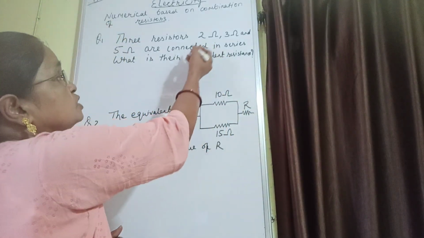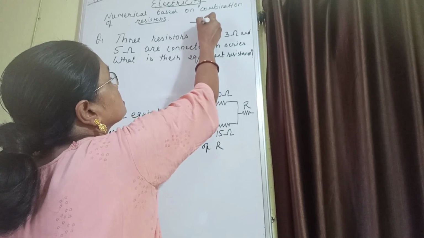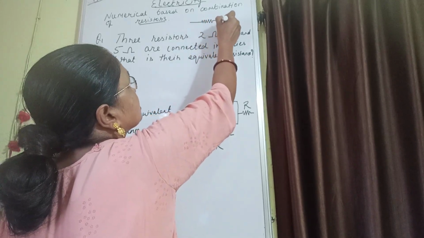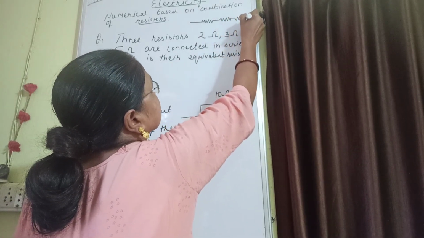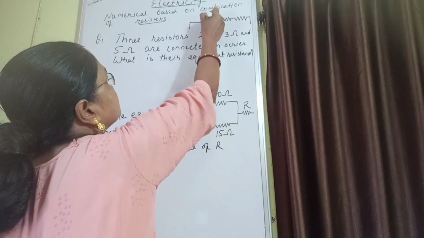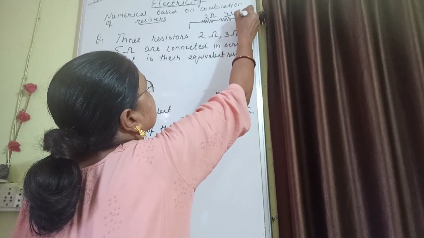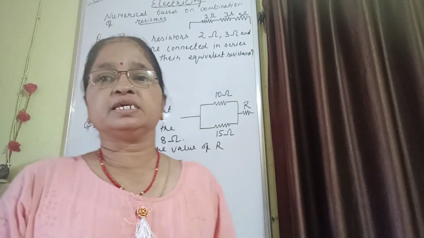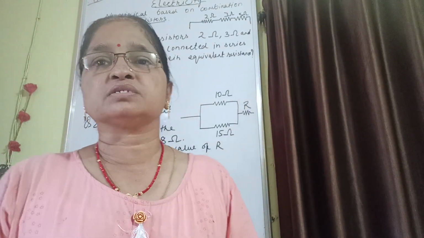So if we can draw this circuit, just we can draw it series connection: 2 ohm, one resistor, 3 ohm, another resistor and 5 ohm, one more resistor, and this is connected in series. So let me write 2 ohm, 3 ohm and 5 ohm. And you know, in series, that is end to end connection and current remains constant.